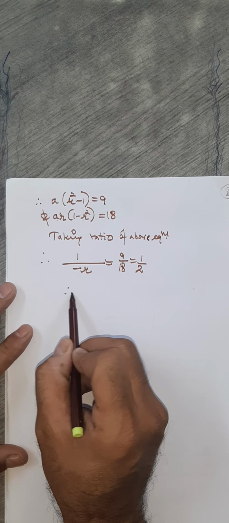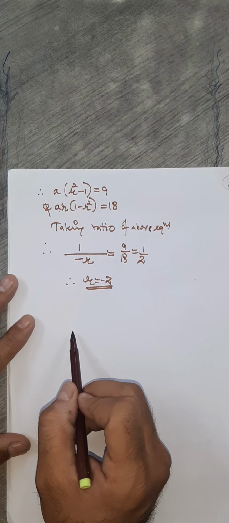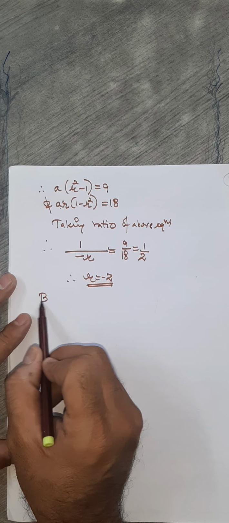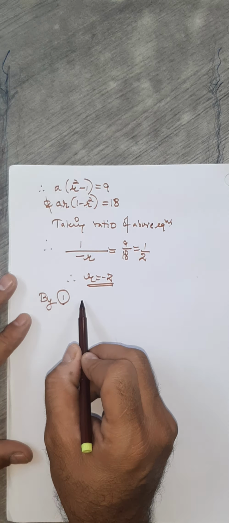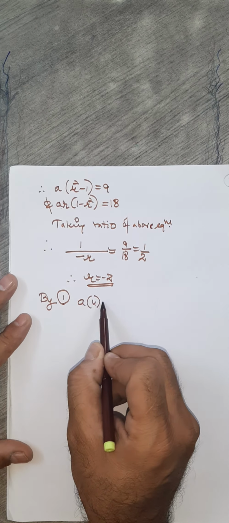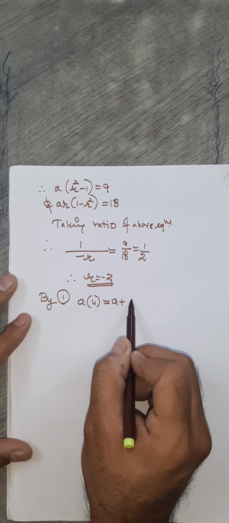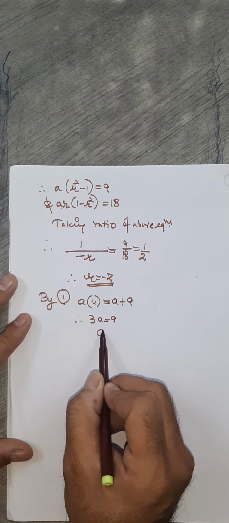Therefore R equals minus 2. Now put the value of R in any one of those two equations. So by the first, R is minus 2. So A into 4 equals A plus 9. So 3A equals 9. So A equals 3.